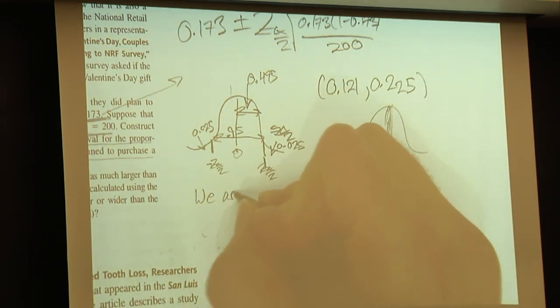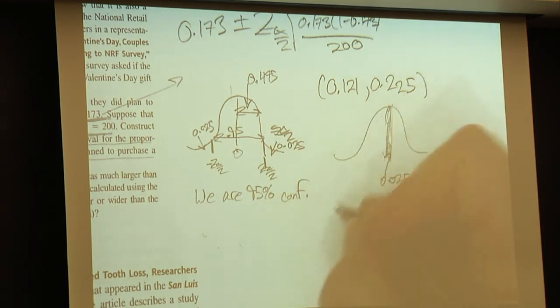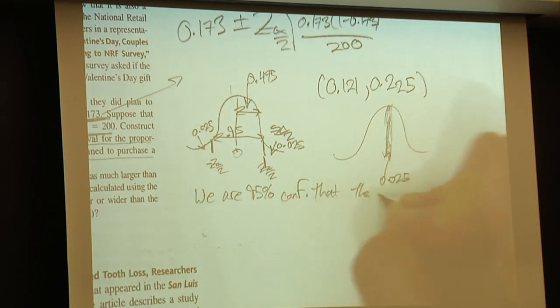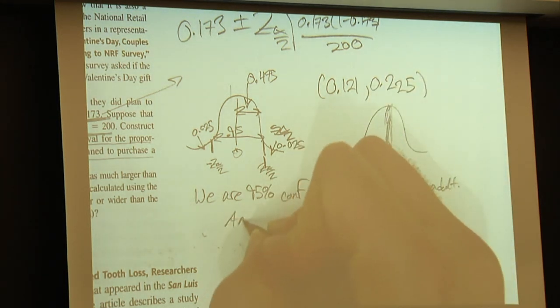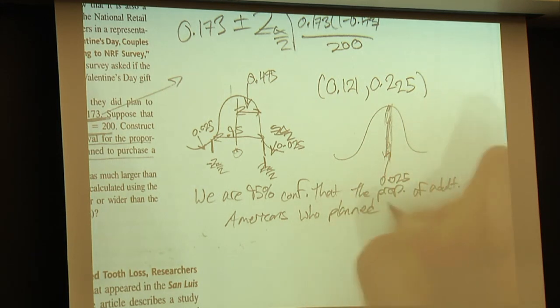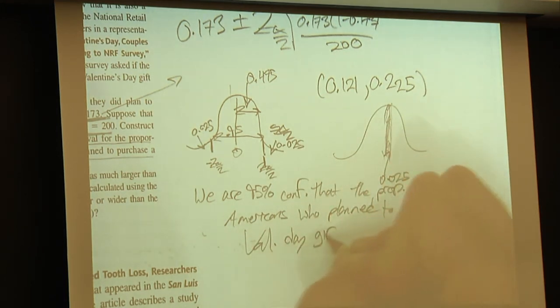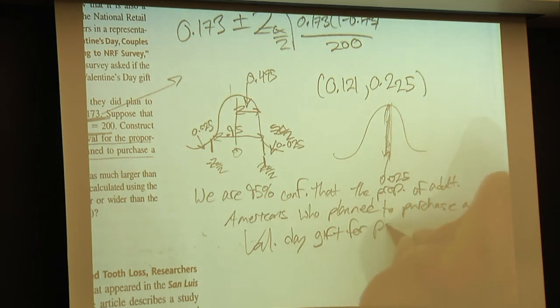We are 95% confident, okay? I'm going to abbreviate really heavily here because this is going to be online, that the proportion of adult Americans who planned to purchase a Valentine's Day gift for a pet is between 0.121 and 0.225.